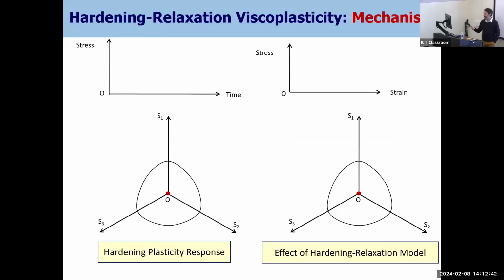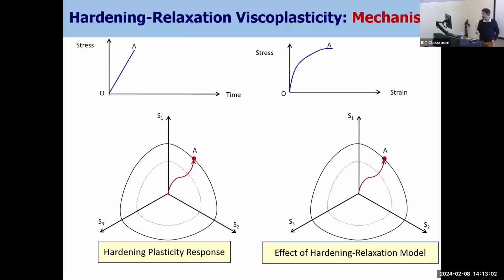So to explain how the hardening relaxation works, let's look at a stress plot. Now on the left, we are looking at what we call the hardening plasticity response, and here, hardening relaxation. So at 0 and 0, there is a yield surface, nothing is happening. And then you load the material, the stress level goes beyond the yield surface, therefore the yield surface expands.